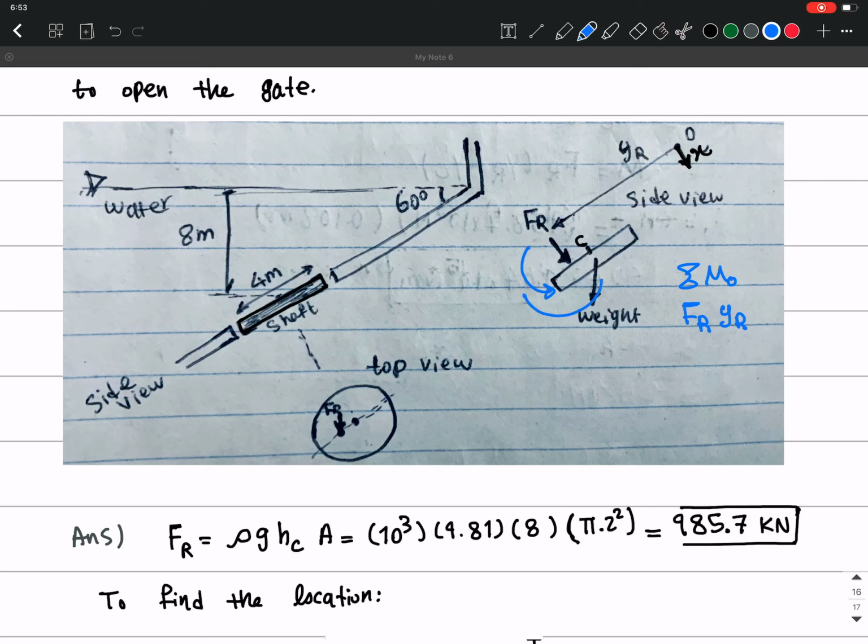The weight is also going to give us another moment, right? And then you need to know the weight of this shaft, but this is not given in this problem, right? So in order to avoid that, we can simply calculate the moment around the center, okay?